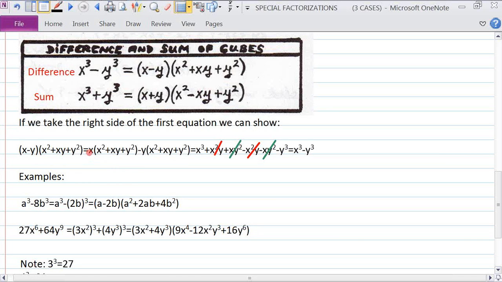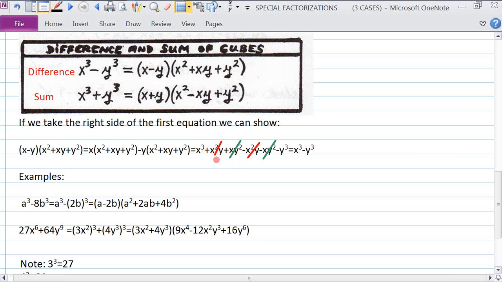Now when I multiply this out, x times x squared gives me x cubed. x times plus xy gives me plus x squared y. And x times plus y gives me xy squared. These two terms are different because in one the x is squared and in the other the y is squared. So we get 1, 2, 3 terms.